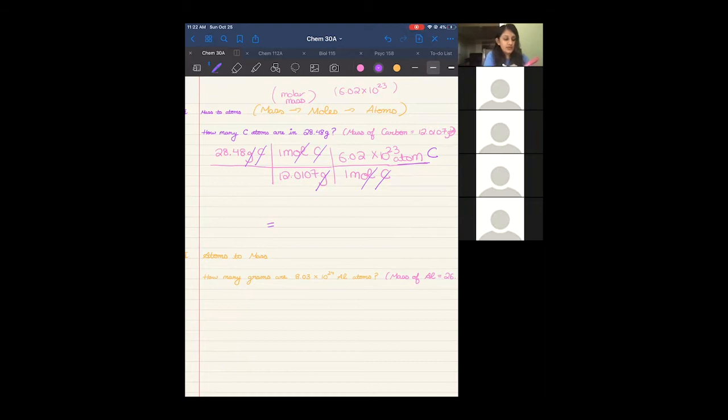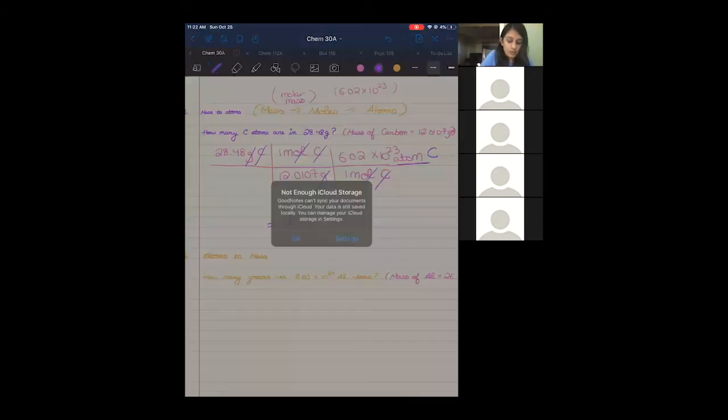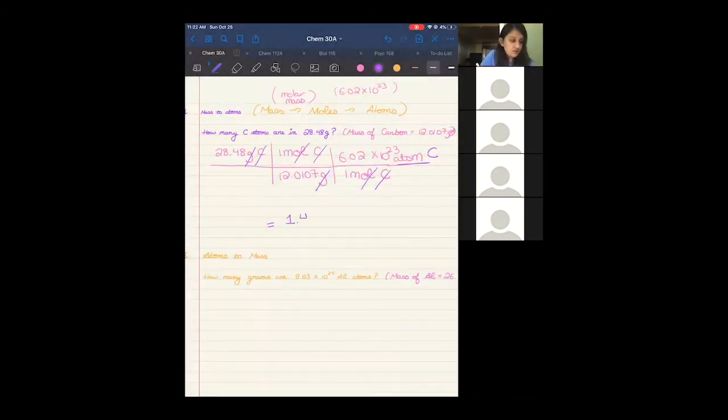So just put multiplication and then put parentheses, 6.02 multiplied by 10 to the power of 23, and then parentheses closed. Then you click enter, and then you will get 1.427 multiplied by 10 to the 24 atoms of carbon.